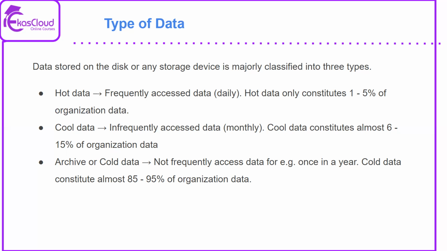Cold data is data we access maybe once in a year. For example, you have some application installed on your PC which you may be accessing once in a blue moon. There are lots of applications which we install and never use.